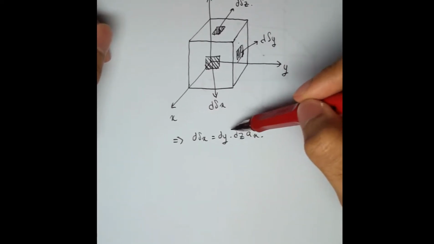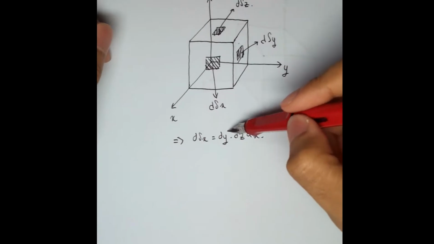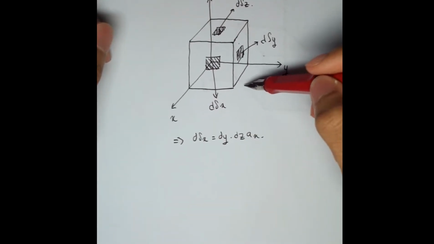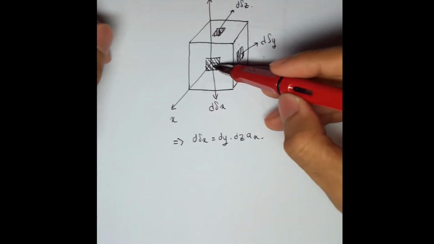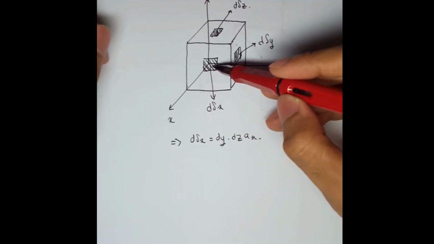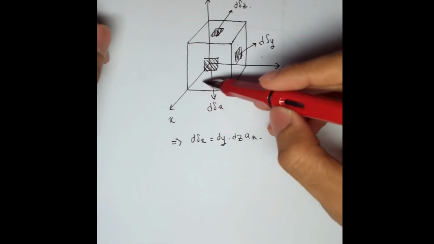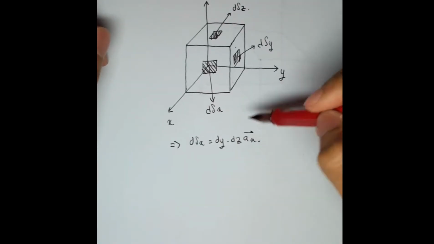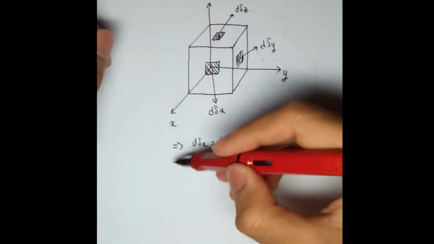We only take the magnitudes from the differential length because this surface is pointing towards the x-axis, so therefore the direction, the unit vector, is ax.